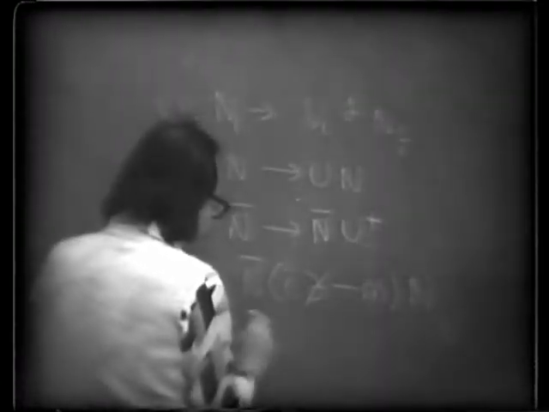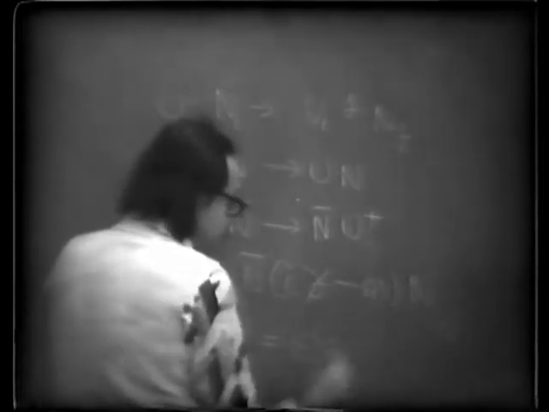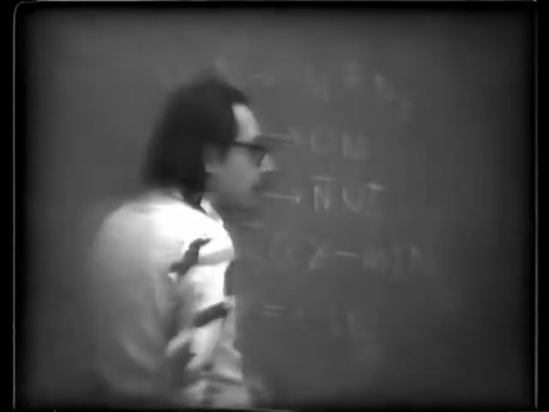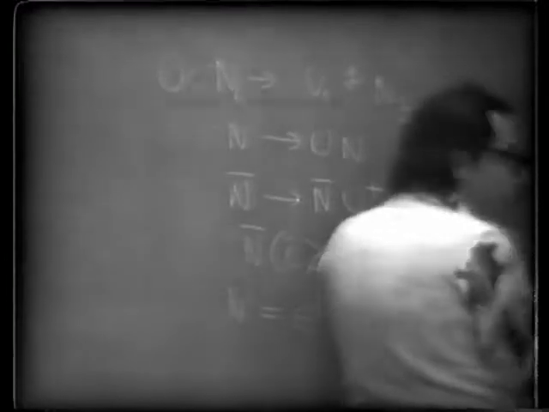A side remark: because of the existence of the invariant epsilon tensor, I can make an object that transforms like a row vector out of a column vector by using the epsilon tensor. That is to say, I could define n upper i equals epsilon ij n lower j. And although that wouldn't involve the conjugate fields, it would transform like a row vector. It would transform just like the conjugate fields. And because epsilon 1, 2 is plus 1, that would have neutron here.